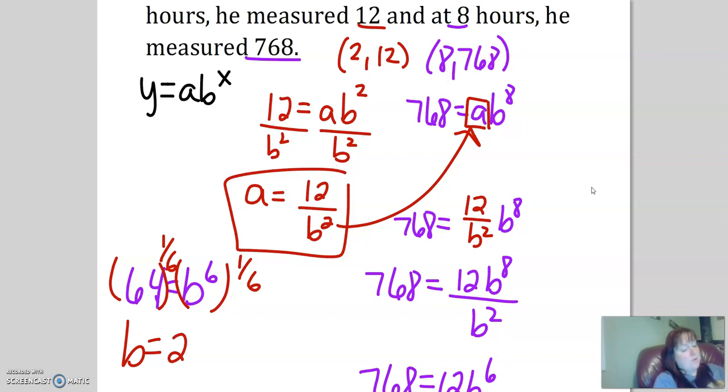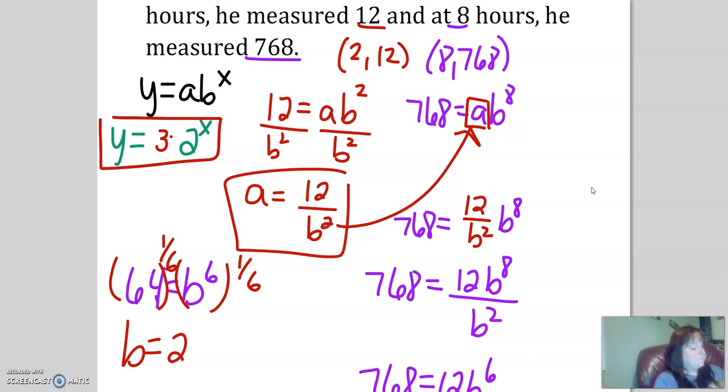So we come all the way back up here and we have y equals, now we know b is 2, so it's doubling, 2 to the x. Well, what is a? Well, a is 12 divided by b squared, so 12 divided by 4, which is 3. So a is 3. So this is y equals 3 times 2 to the x.